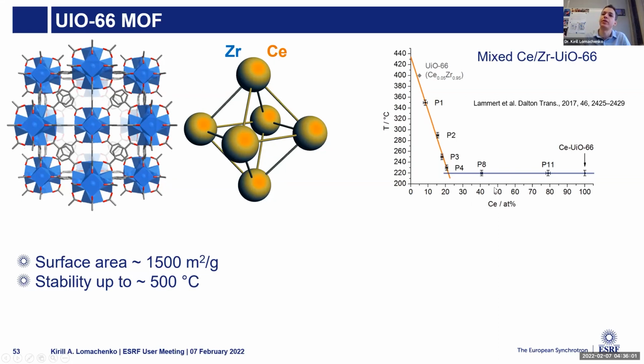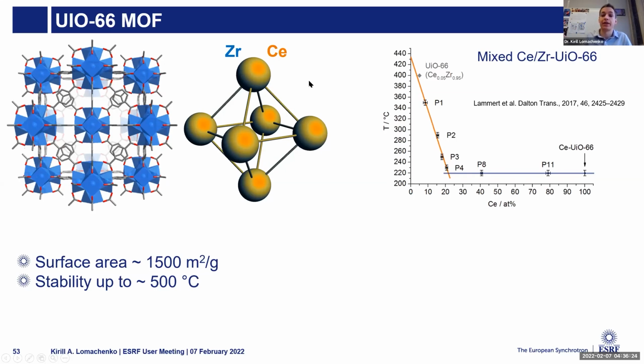Here we always talk about cerium in percent with respect to the total metal content, and the rest being zirconium. So 20 means that there are 20% of cerium atoms and 80% of zirconium atoms in the cornerstones. So that looks at least not obvious.